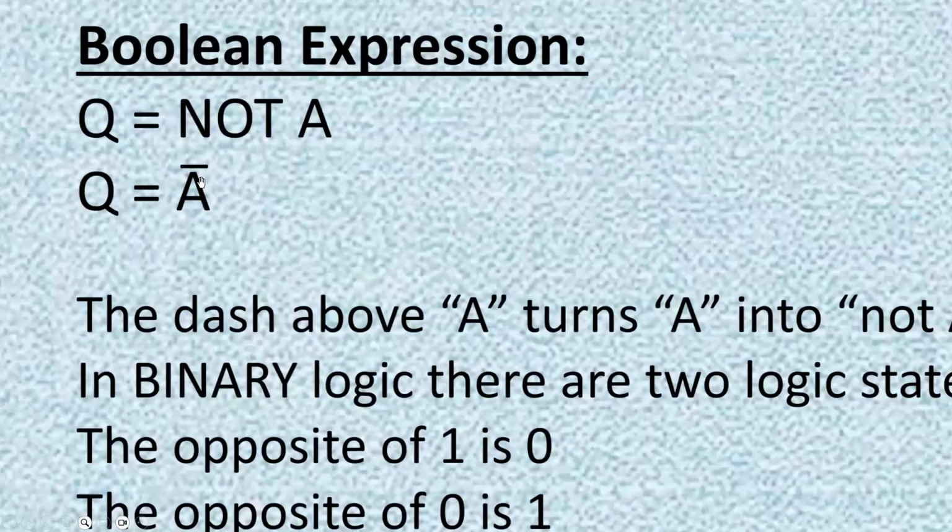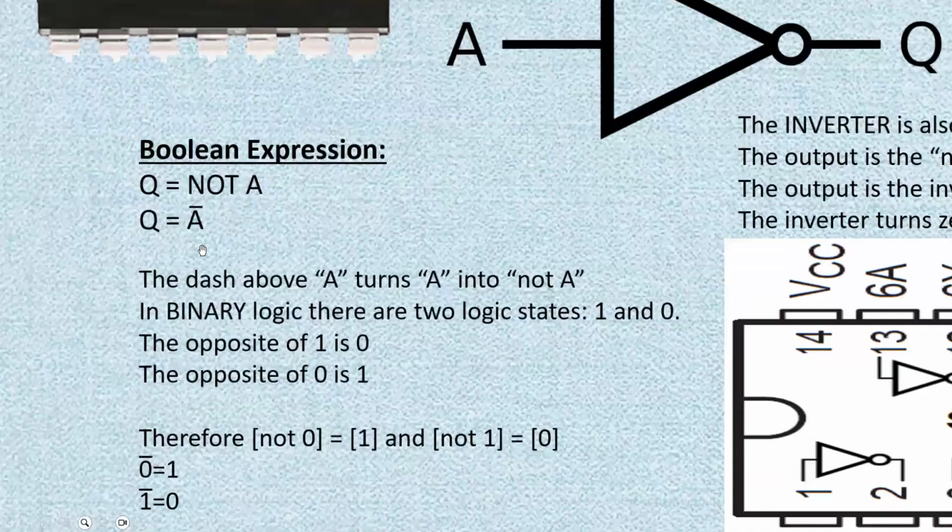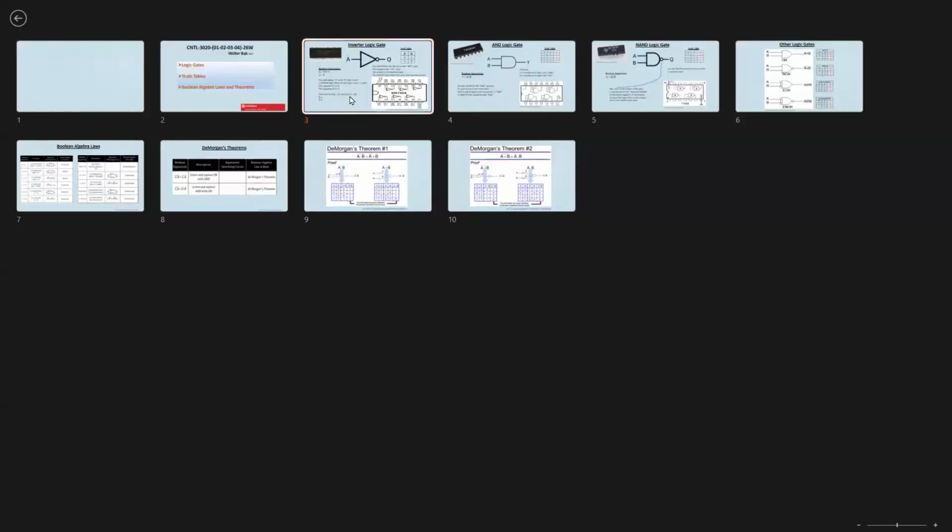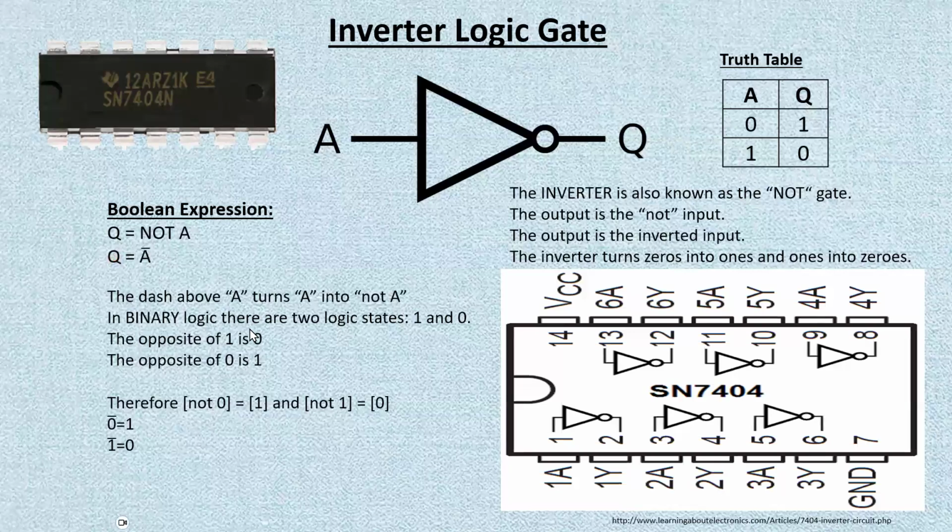So that is the symbol. And sometimes when you're going to see certain literature, when somebody was writing and didn't have access to those special characters, they are going to put a little apostrophe right beside that. So that also means the same as that little bar, that bar means not.